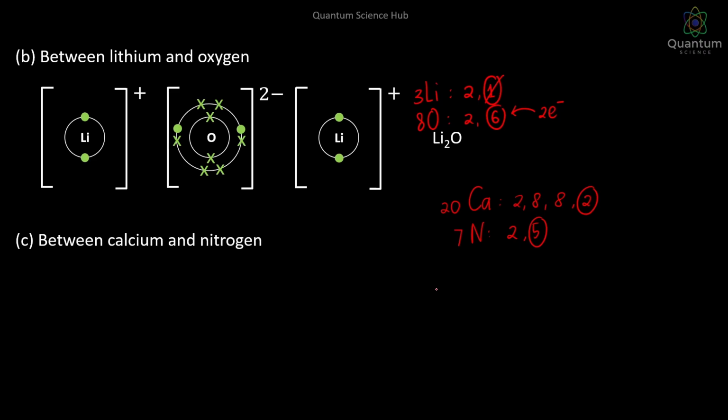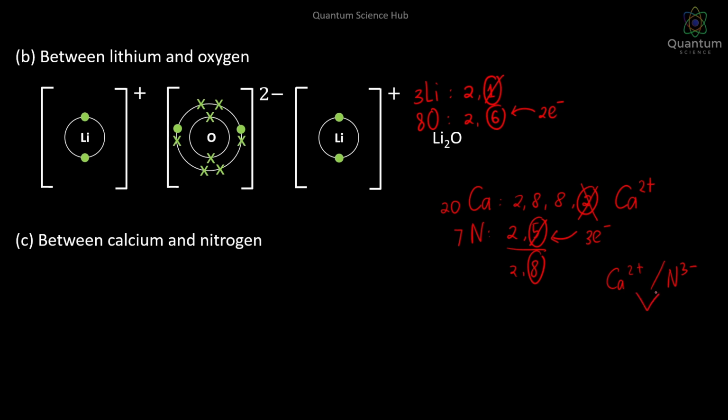Since calcium will lose 2 electrons, the charge is going to be 2 positive. And nitrogen will gain 3 more electrons, and nitrogen will become 2, 8, right? So Ca 2 positive and N 3 minus, because you gain 3 electrons.